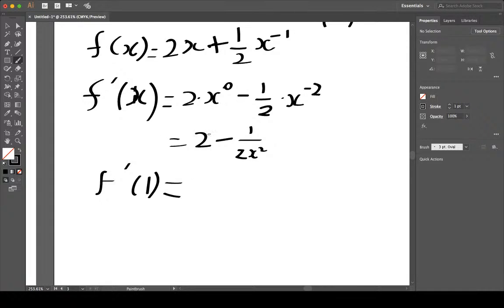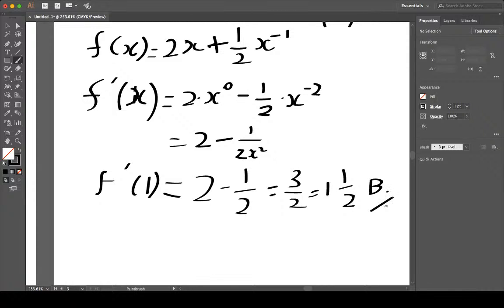That would be 2 minus, and the 1 inside is the x there, so we get minus half. Very simple, right? When you evaluate this, you'll get 3 over 2, which is something I don't really usually write, and the answer would be B. So that's how you solve that problem.